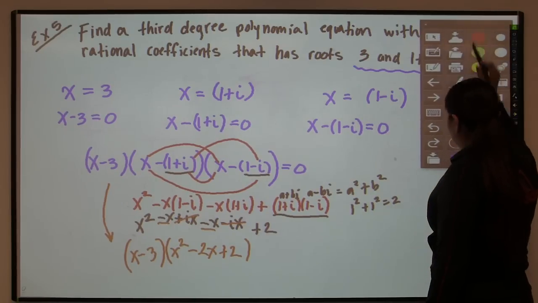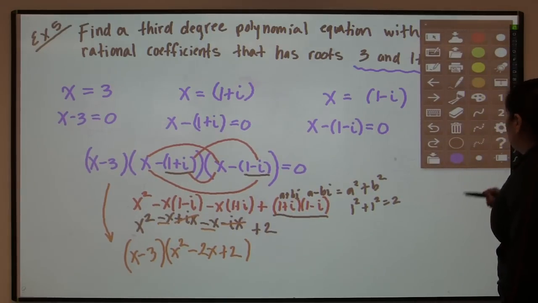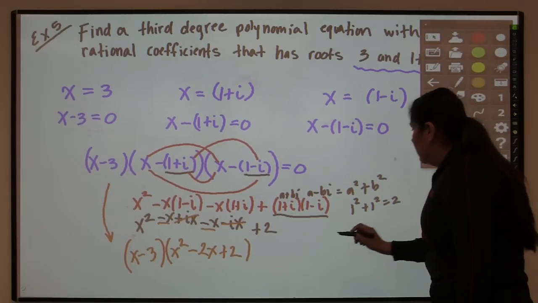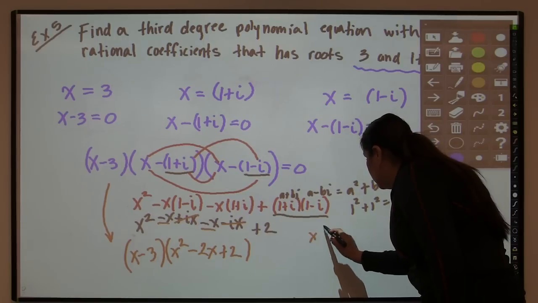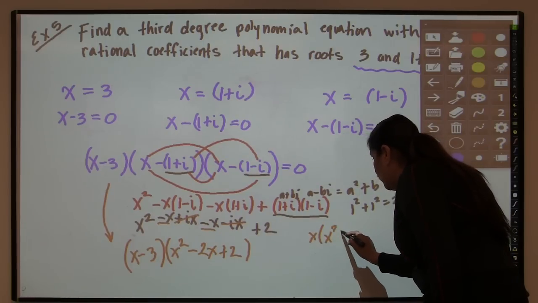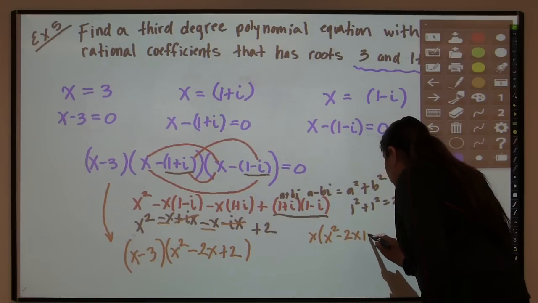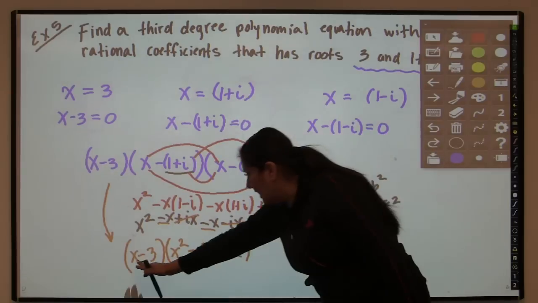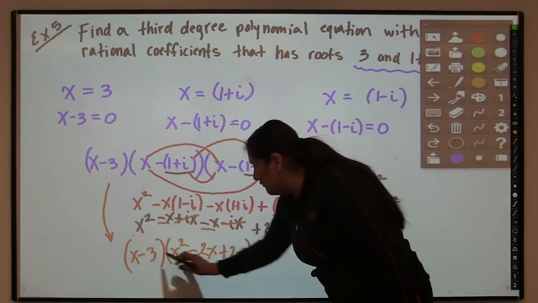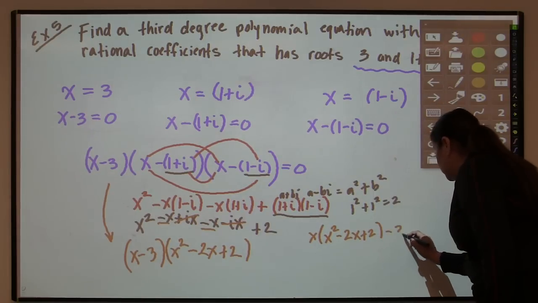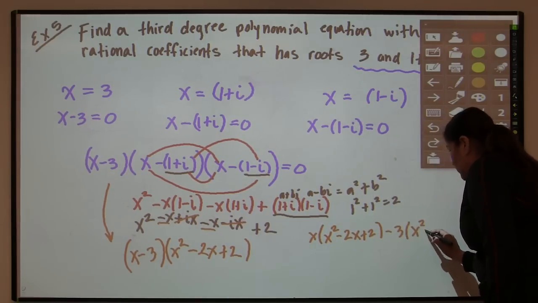I'm going to get this out of the way here so you can continue. So now we're going to basically take x times x squared minus 2x plus 2. Okay, I'm going to take the x times everything and the negative 3 times everything, so minus 3 times everything.